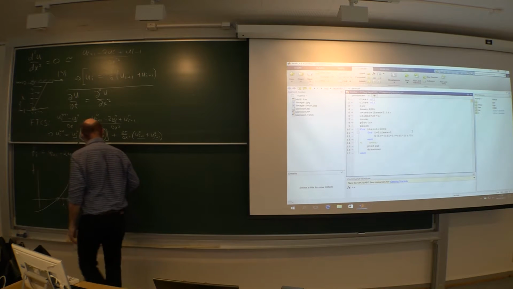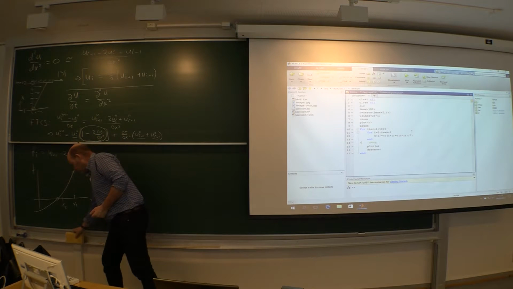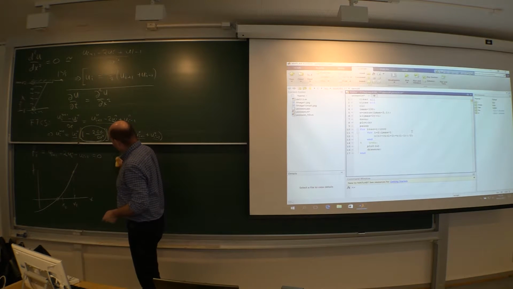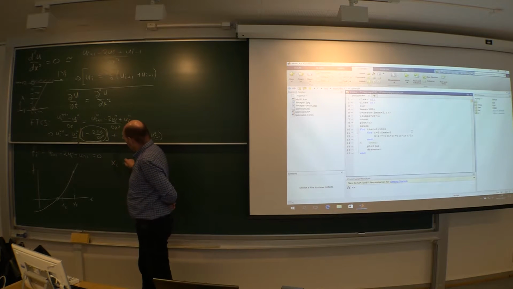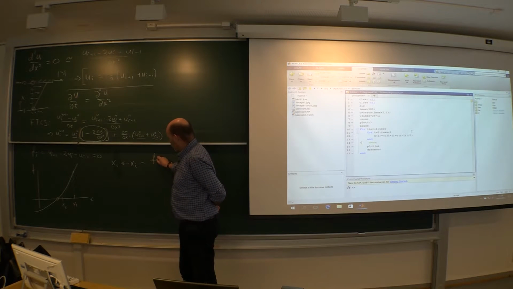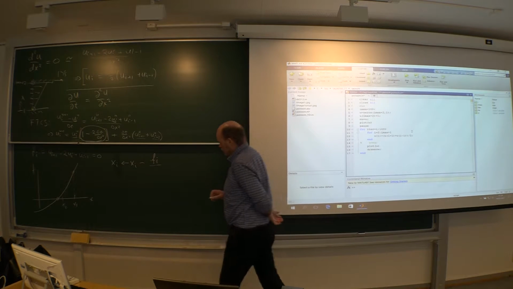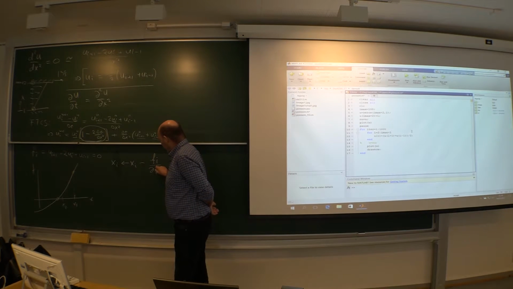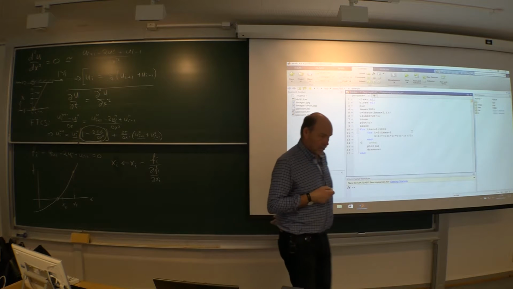So the Newton-Raphson reads something like this. The new x equals the old one minus your function divided by the gradient, the derivative of f_i with respect to the point that we have picked out.